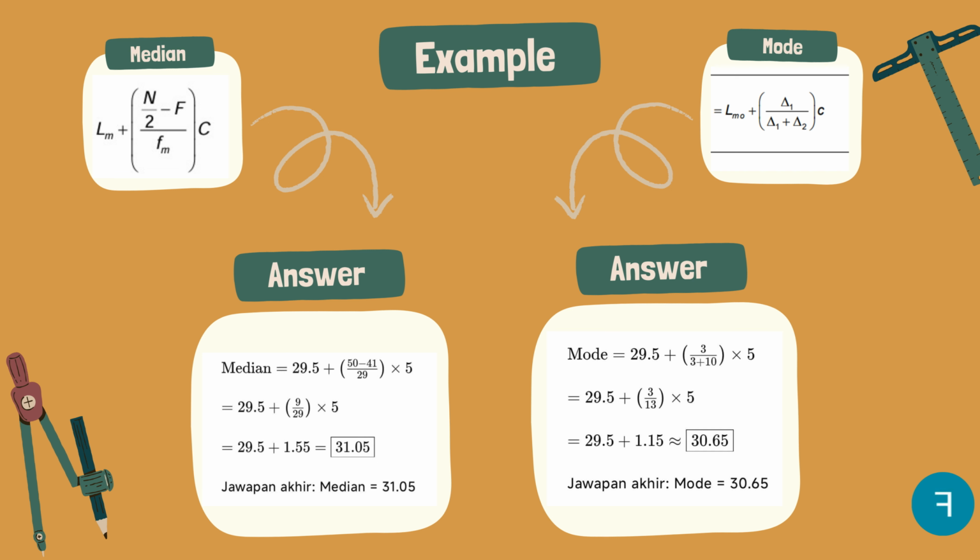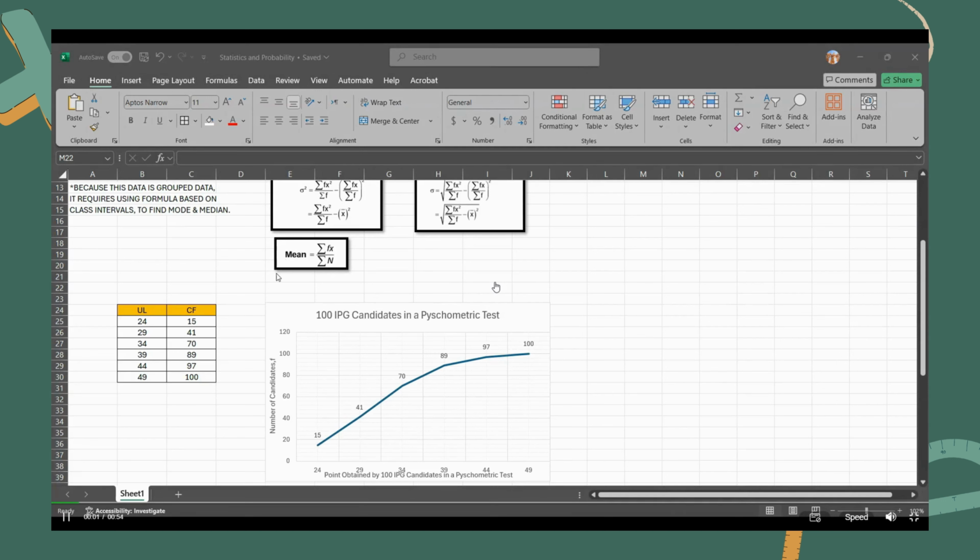After that, there is the answer of multiplying the number in the bracket with 5. Okay, after that, 29.5 plus 1.15 and the final answer is 30.65. So after we get all the data, we can create a histogram in Excel.